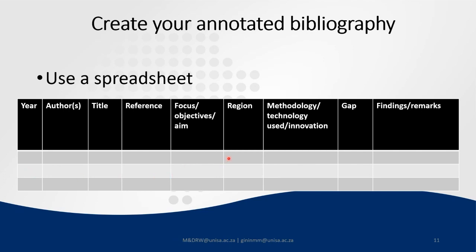Another thing that is quite interesting with a spreadsheet such as this is that you can put the region. When you have a region, then you have an understanding of the places or the countries in which your particular research has been done. If you're looking once again at areas of climate change, you go to Europe, you go to the Middle East or Asia, you go to even China, you go to Australia.